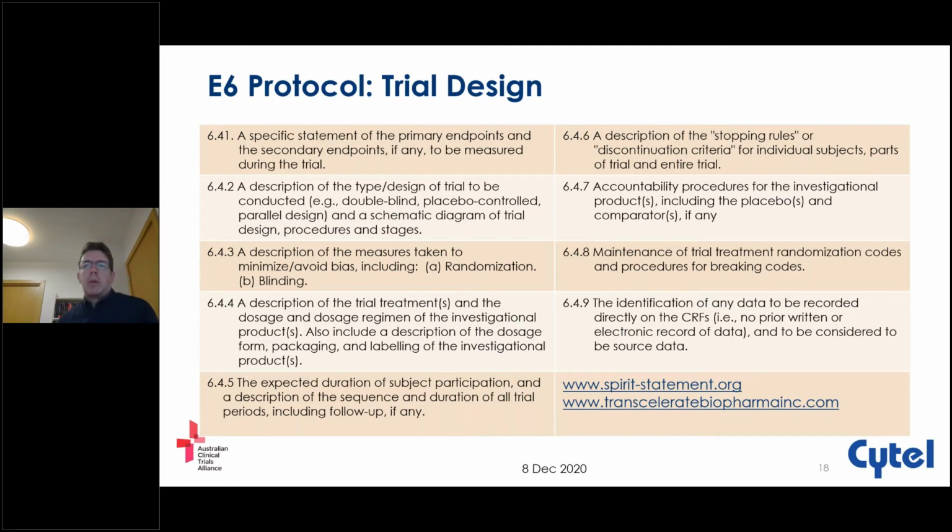But there are actually two other resources that I use routinely here in the bottom right. The SPIRIT statement is a collaboration that's come together to write guidance about the contents of protocols and standardizing protocol content. If you go to www.spirit-statement.org, that provides templates for protocols and discussions of contents and standards and so on.